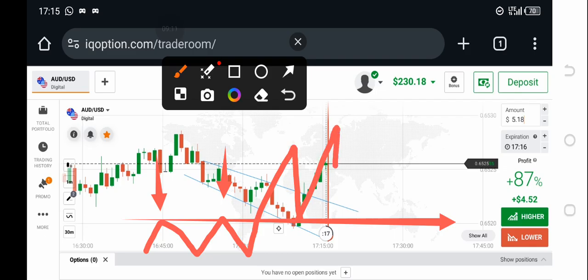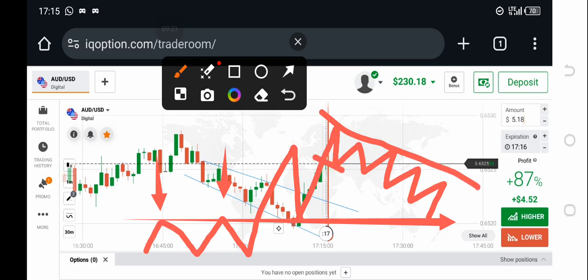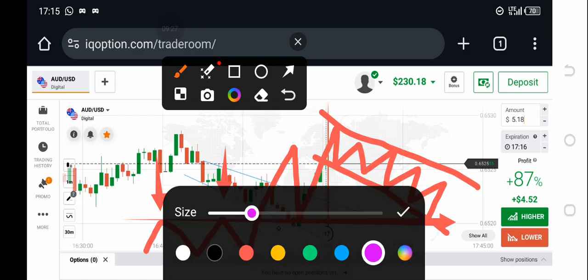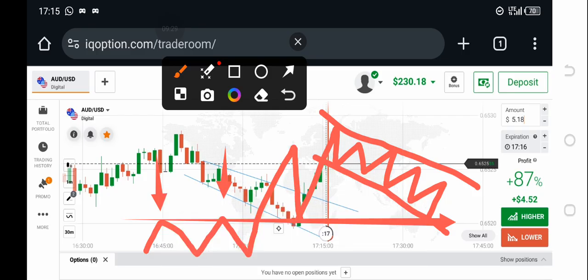Then it started making this channel down to the previous level, and then I draw this channel like this. After the market must have hit this particular level, our trend line support, remember it was resistance, right?